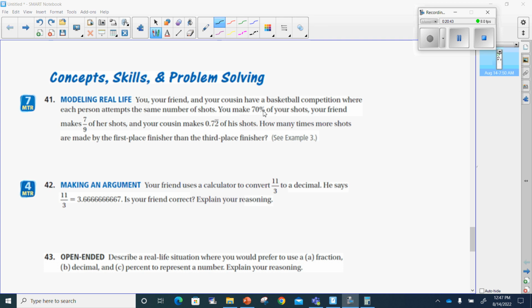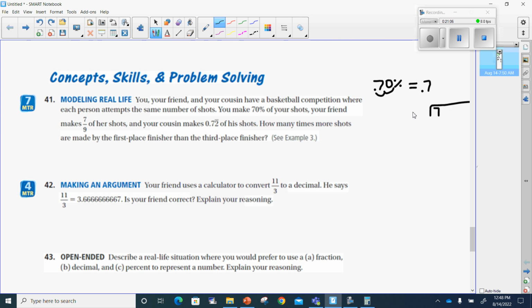All right. Well, the first one is 70%. That's what you made. And remember, we have to take the decimal and move it over 2 spaces. So this is going to equal 0.7. Next, it says your friend makes 7 out of 9 of her shots. So 7 out of 9 is 7 divided by 9.